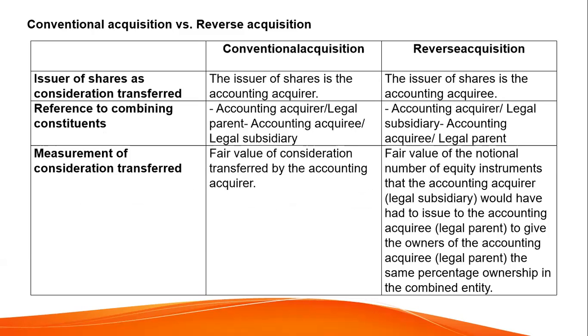Reference to combining constituents: the accounting acquirer is the legal parent, the accounting acquiree the legal subsidiary. In the case of reverse acquisition, the accounting acquirer is the legal subsidiary and the accounting acquiree is the legal parent.